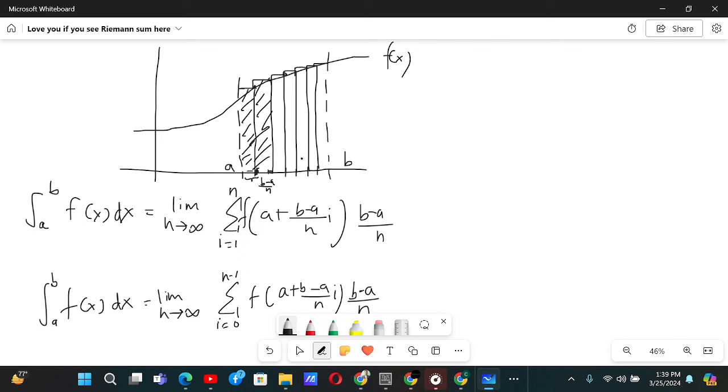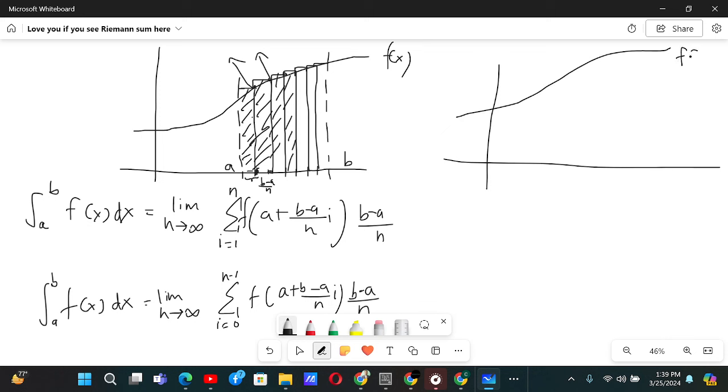Okay, so basically now as n increases, this becomes smaller, and this approaches the actual area. Now basically what you can see over here is this definition only considers the height from the right endpoint, just the height from the right endpoint. Now let's see how the other definition works.